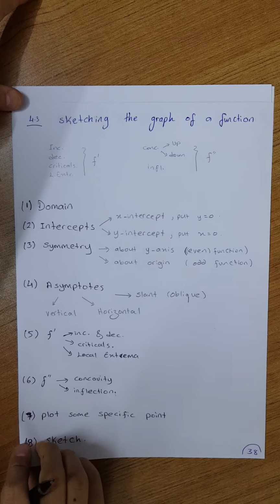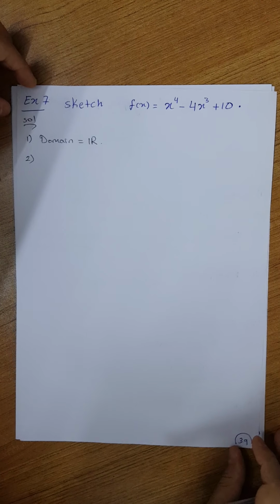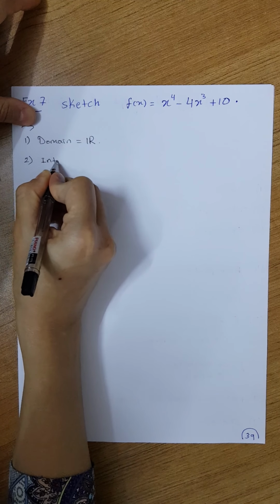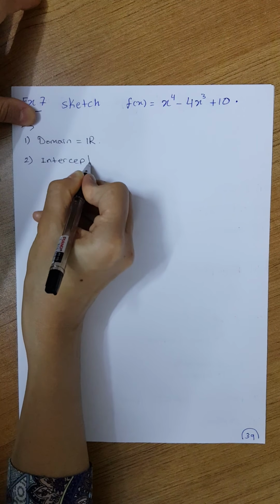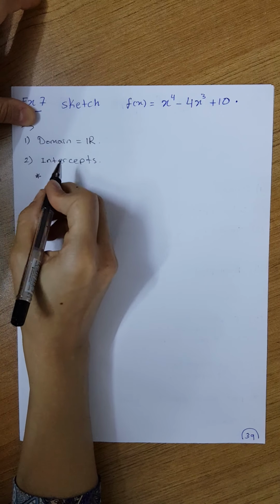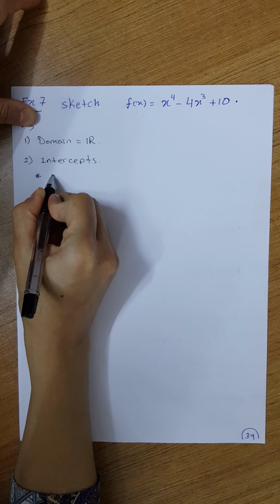The second one, we are finding the intercepts. Let me write the intercepts so that you know what we are doing. How do you find intercepts? The first thing is to find the y-intercept.